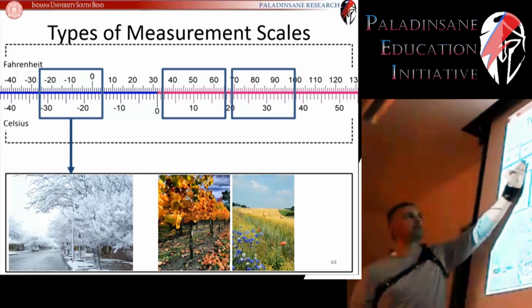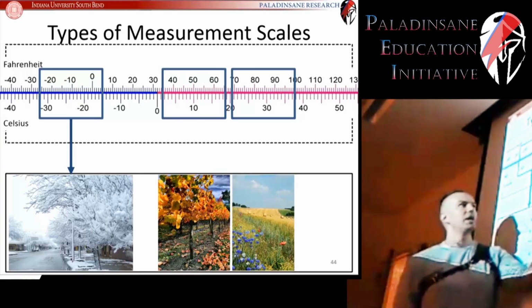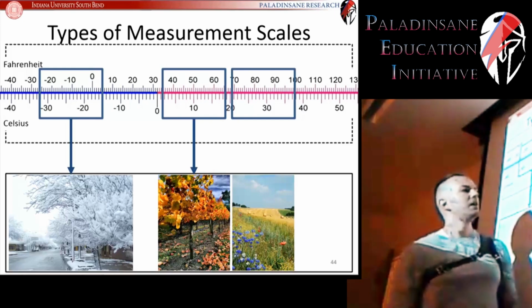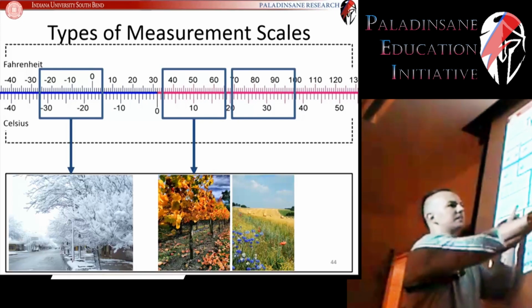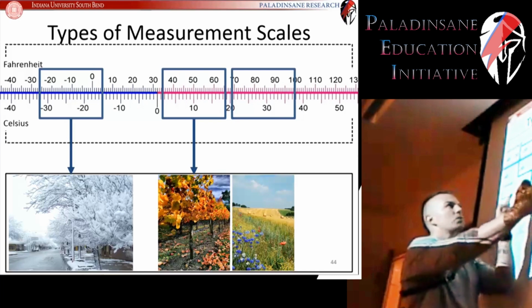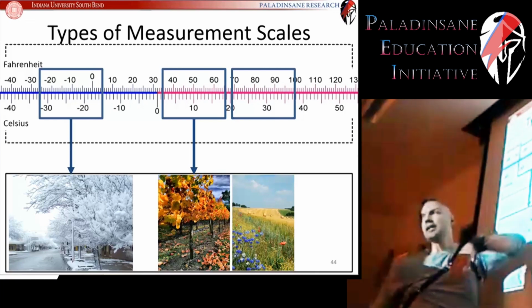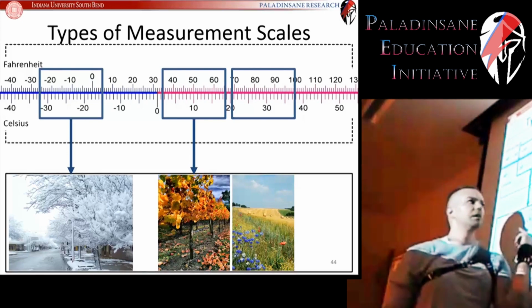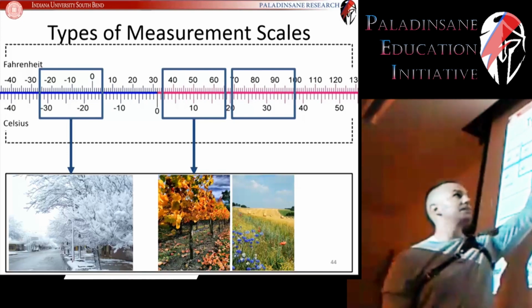And when we measure a second temperature, this autumn day that is 50 degrees, this is the first time that the distance between the true scores is reflected in the distance on the measurement scale. This distance here is the same as this distance here.